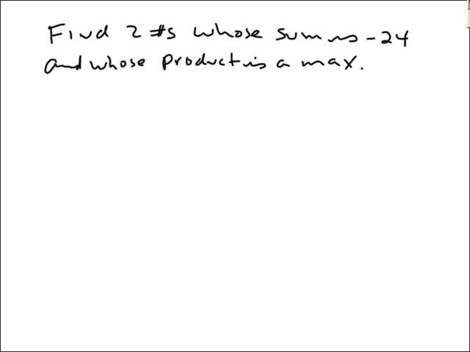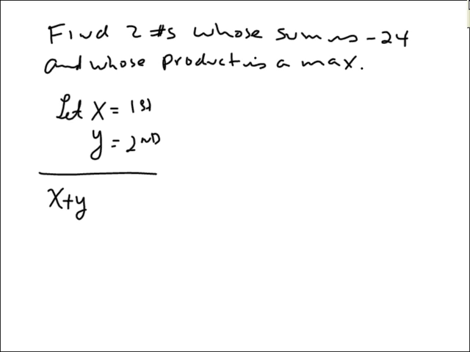We want the product to be the largest. So you let x and y equal two numbers, first number, second number. Well, the first line tells me their sum is negative 24. The x plus y is negative 24.